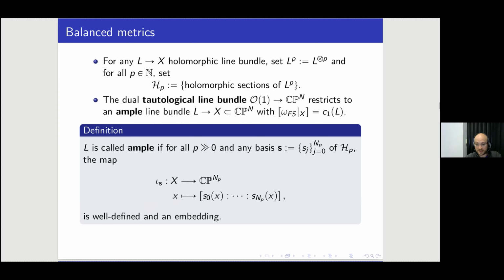So just to describe this map, these s_0(x), s_1(x), etc., for some given x, are N_P+1 elements of a complex line. So fixing a trivialization of this line will give you N_P+1 complex numbers, and if you change trivialization, these numbers will all change by the same multiplicative factor.